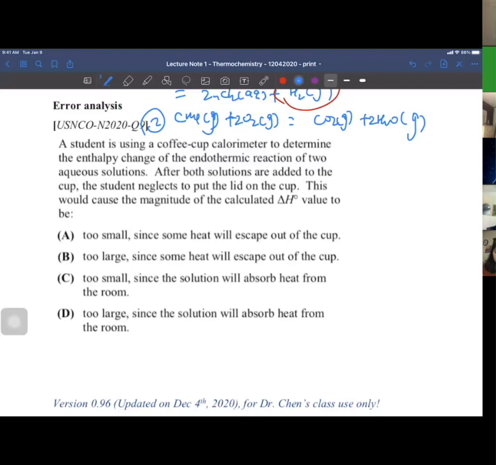Wow, I got 3 votes, all different answers. So I can tell this year it will be very challenging for preparing for the USNCO because most of you probably didn't get the chance to really work on the experiment in your school, in your lab, right? So the experimentation will be a big challenge.